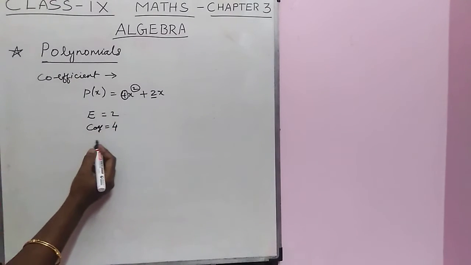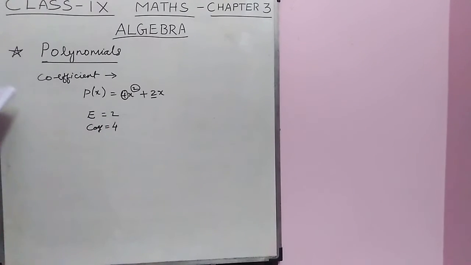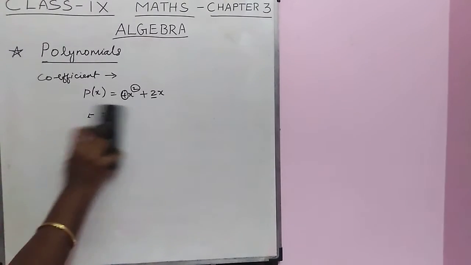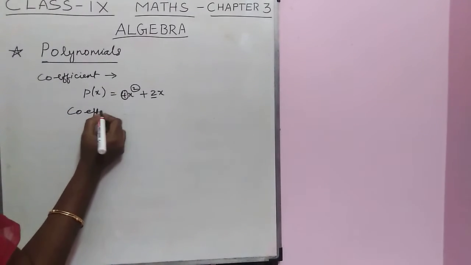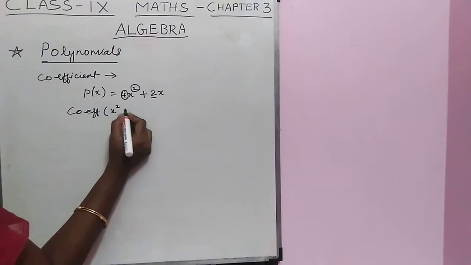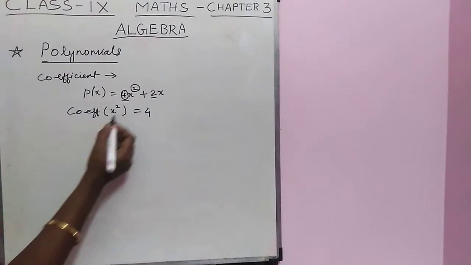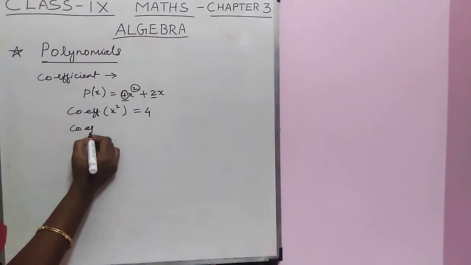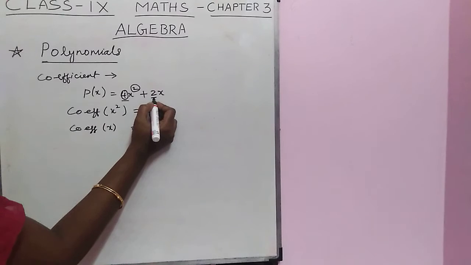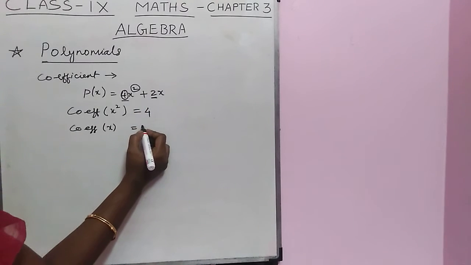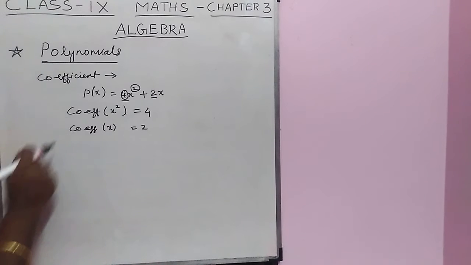The coefficient of x square is 4. Clear? Next, the coefficient of x, that is the value near x. What is that? 2. So these are the coefficient values.